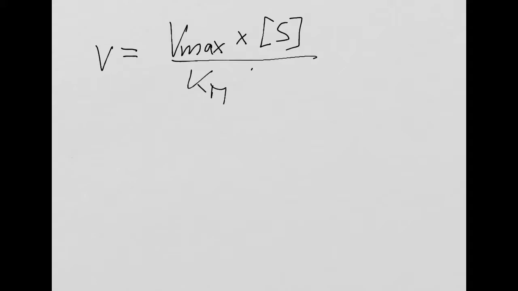V equals Vmax times S over Km plus S. Who is that? Yes, we all love it. It's the Michaelis Menten equation. Bi 301.